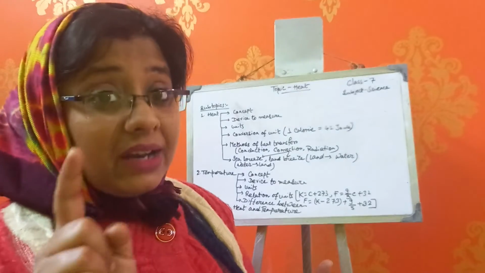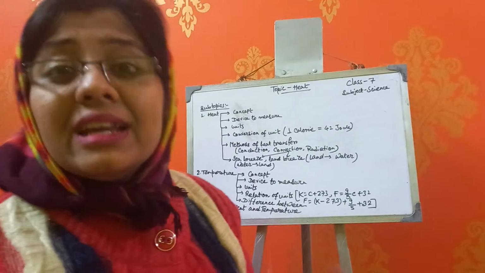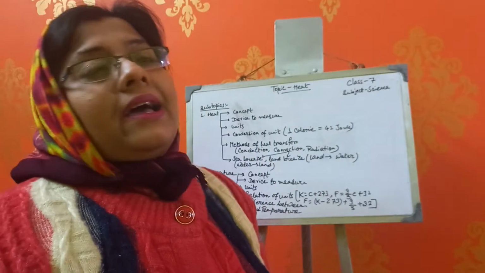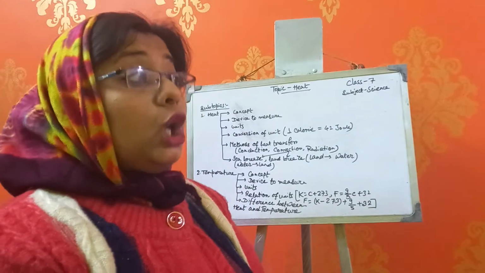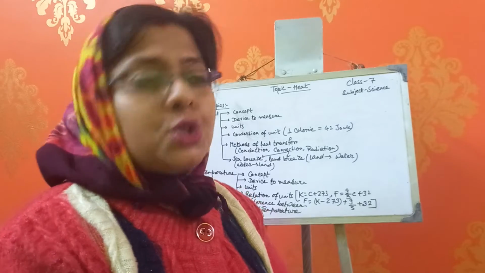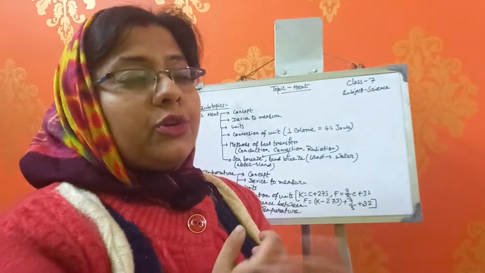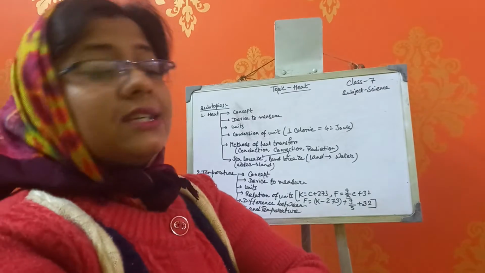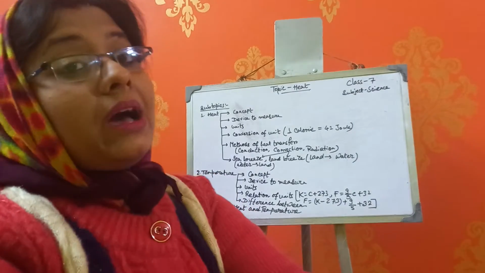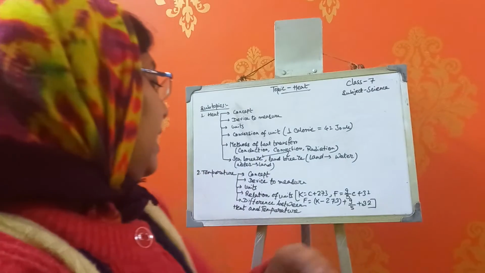There must be a relation among them. What is the relation? Suppose I have one example, like convert 42 degree Celsius to Kelvin. Now you will ask, ma'am, how? How will we convert degree Celsius to Kelvin? Simply you have a relation and apply that.